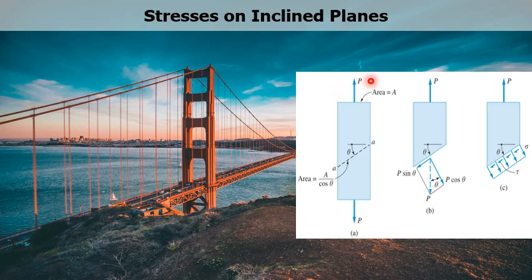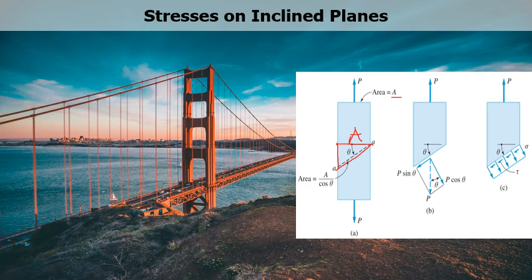It is under the tensile load P. We have a horizontal cross-sectional area denoted by A. Therefore, this area is A. We draw a vertical line here and a solid line along plane AA.